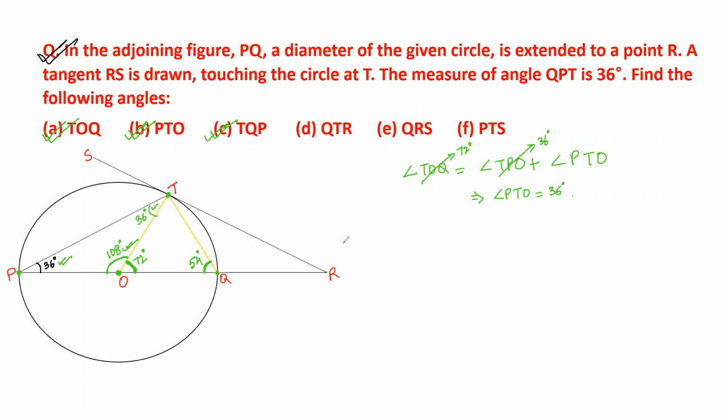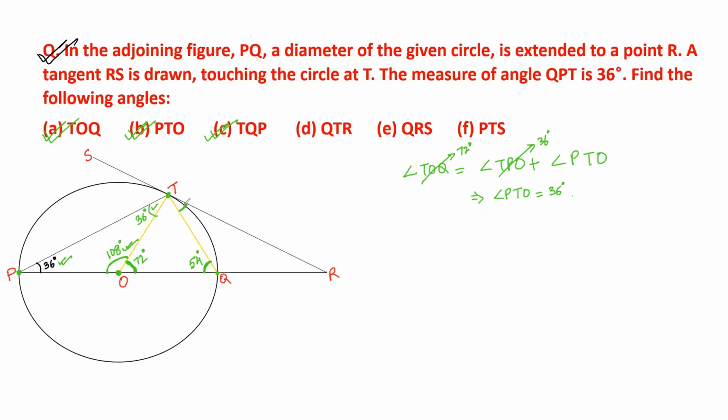Now, in the second part of the circles videos, we have seen one very important theorem, which is the alternate segment theorem, which states that an angle between a chord and a tangent is equal to the angle made by the chord in the alternate segment. So here we can see TQ is a chord, RS is a tangent, and this is the angle formed by this chord and the tangent.